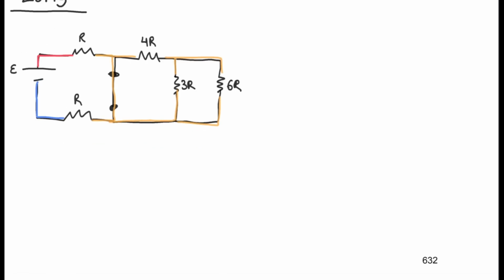So effectively, this side of the circuit is just gone. So we're just given a very simple circuit to analyze, and we'll use the fact that the energy stored in an inductor is 1/2 L i squared.